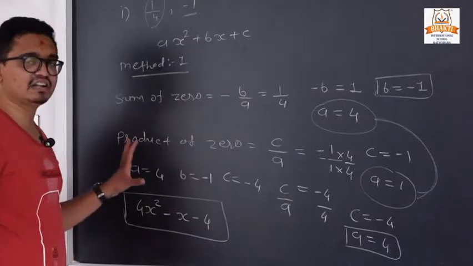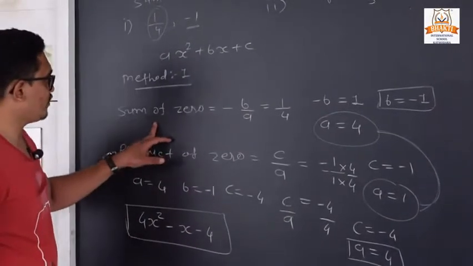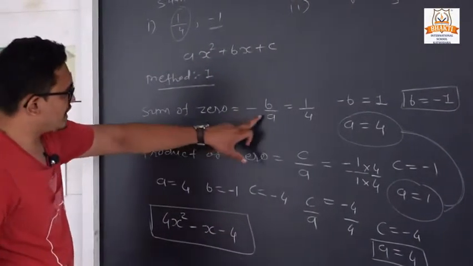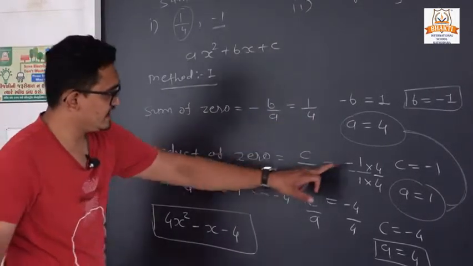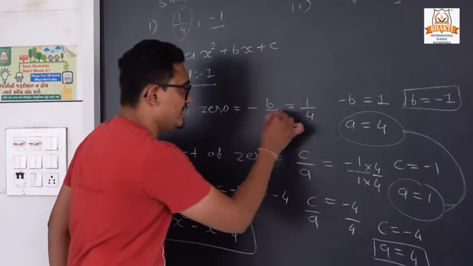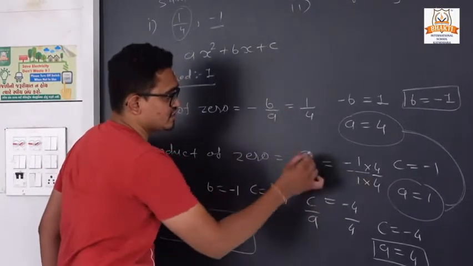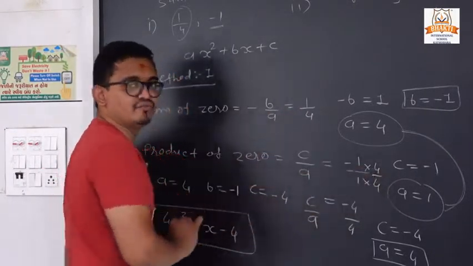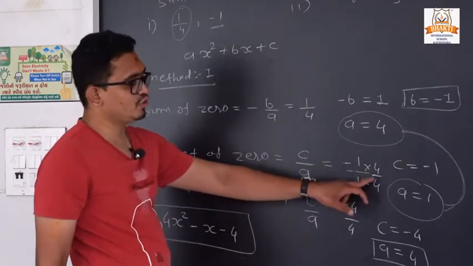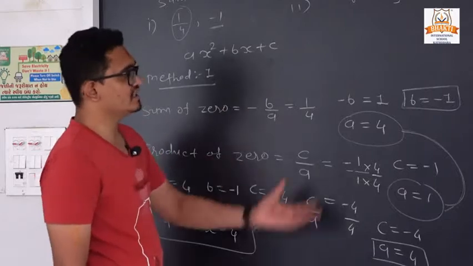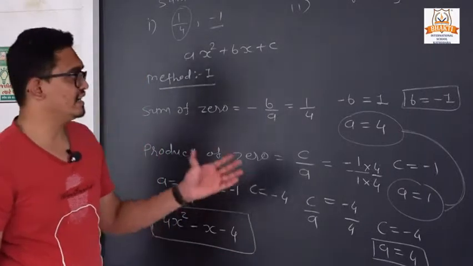So the first method is clear. First of all we compare b with a, and here c and a. If the value of a is different in these both situations, we multiply with 4. Sometimes here we have a 2, so we multiply with 2. We will also take some more examples so you can get a better idea.